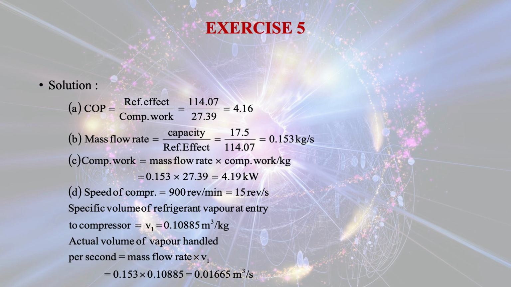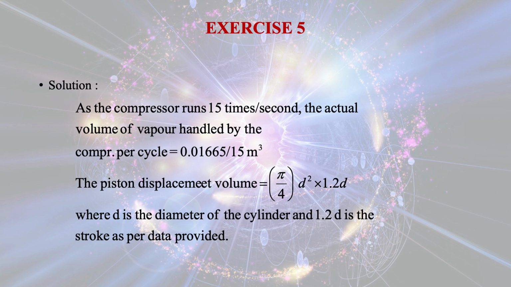The actual volume of vapor handled per second is equal to mass flow rate multiplied by V1, that is equal to 0.01665 meter cube per second. As the compressor runs 15 times per second, the actual volume of vapor handled by the compressor per cycle is equal to 0.01665 divided by 15.